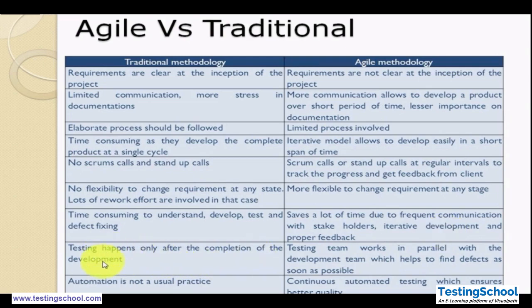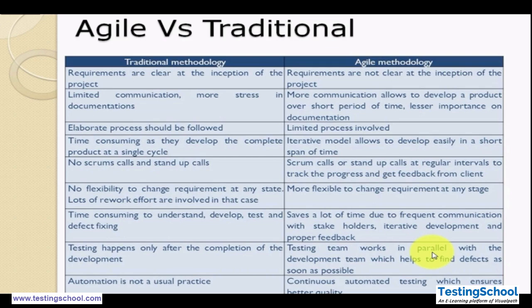Then in the traditional model, testing happens only after the completion of development. So it is at the last stage, because once the complete software is developed, only then do we start our testing. So it takes a lot of time to reach the testing cycle. But in the agile model, the testing team works in parallel with the development team.